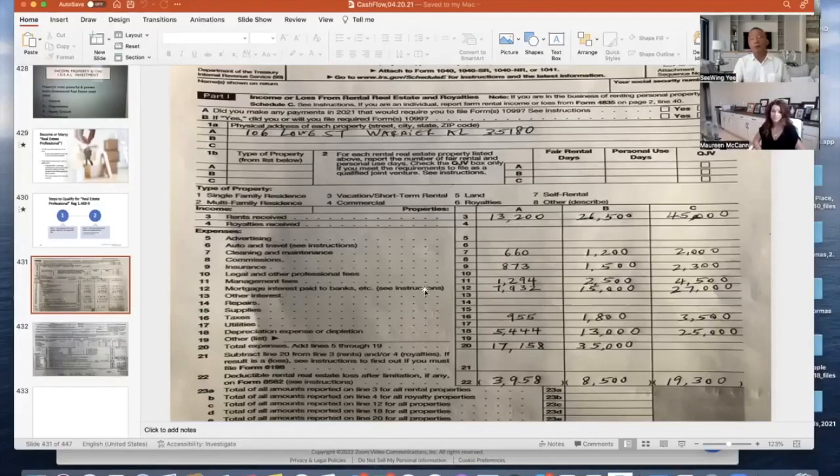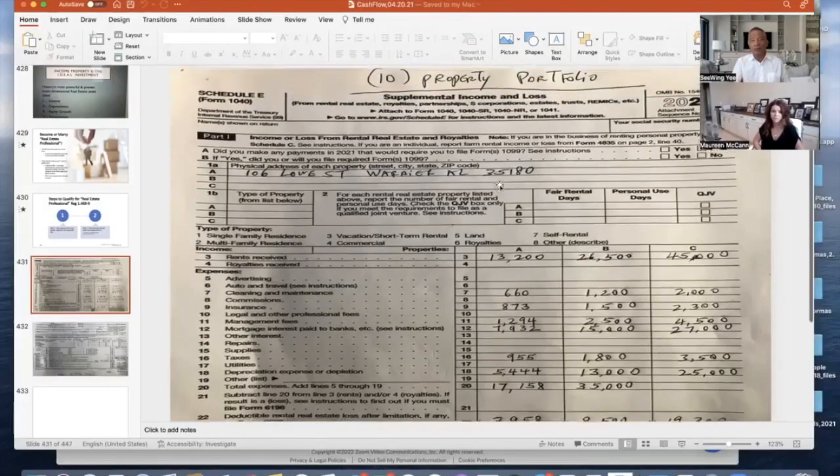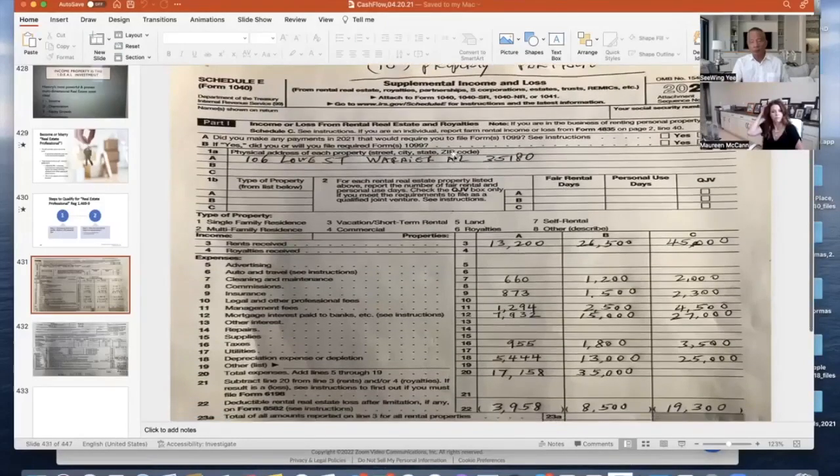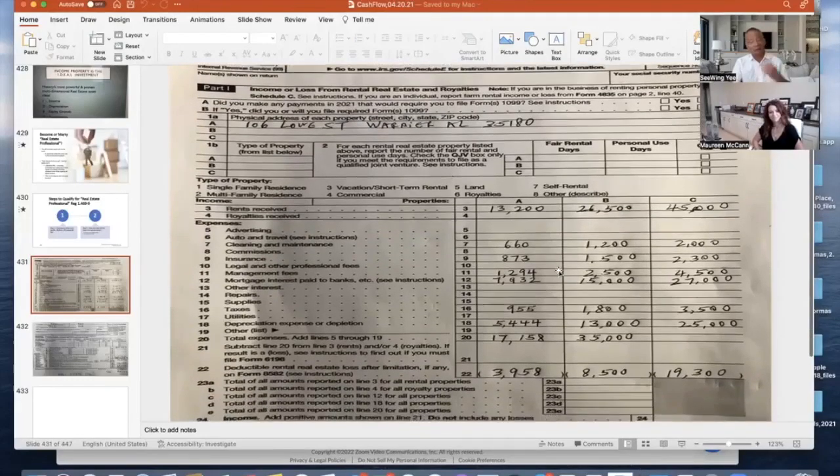So let me give you a practical example. I'm using a 10 property portfolio, including some properties in Alabama, among other markets. Investors buy good cash flow properties in the Midwest, South and Southeast. Maureen, I'm sure you agree with me. You cannot cash flow in some markets. The numbers do not work.